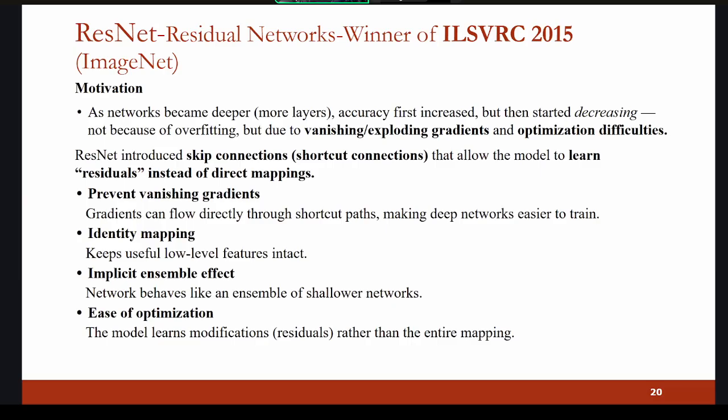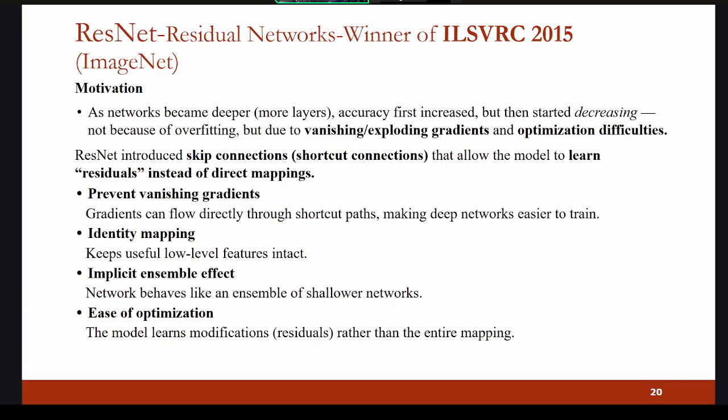The problem is that when the model depth kept increasing, people faced the vanishing gradient problem and optimization difficulties. To overcome these two difficulties, ResNet, the residual network, was introduced. The idea behind ResNet is to skip connections between the different layers.